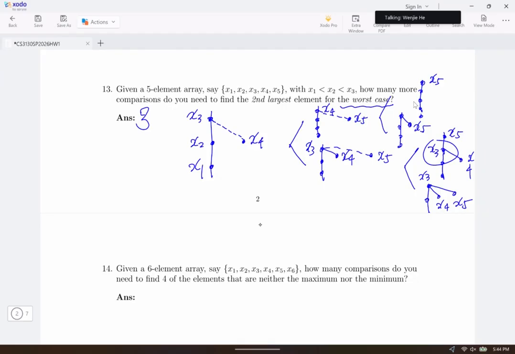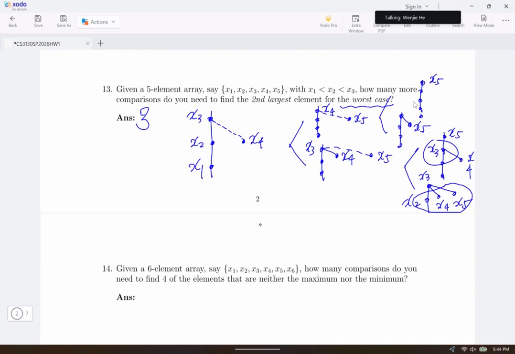After you eliminate x3, the candidates for second largest are three elements, and all of them qualify. So you need another round of comparison to find the largest of these three elements, two more comparisons.